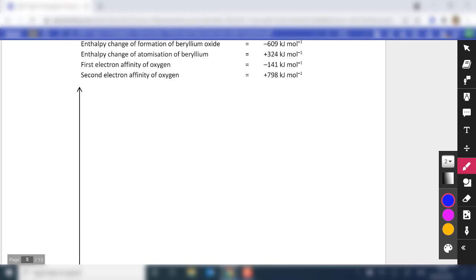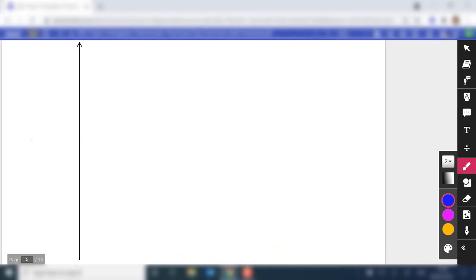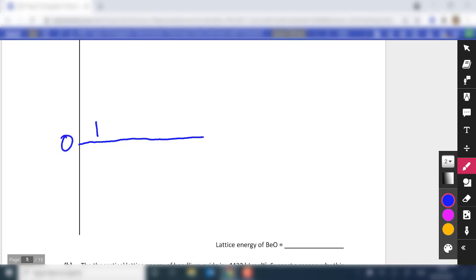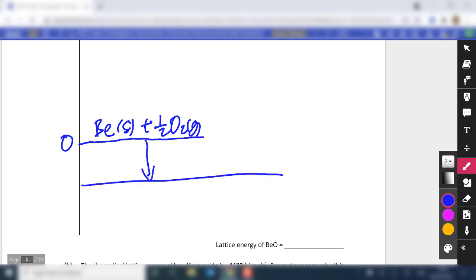Okay, so I guess the very first thing we need to do is to draw the zero line, and in the process incorporate the elements there. So in this case, beryllium solid plus half oxygen gas. And here we define the enthalpy change of formation.